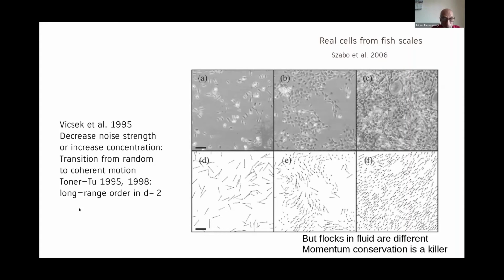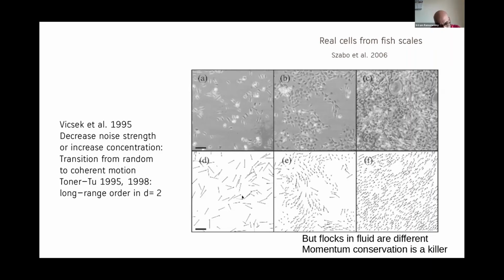Toner and Tu then made a field theory of it and showed that it manages to be truly long-range ordered, even in 2 dimensions. A group in Budapest showed that you can find the same phase transition in keratocytes, cells extracted from fish scales. All of this, and now is where I come to the work that we did.